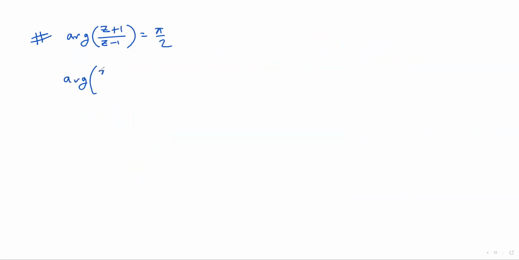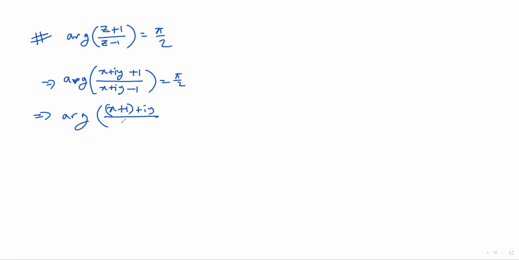So first of all, let's just replace z by x plus iy. Now, the argument of, let's partition the real and imaginary part, (x plus 1 plus iy) over (x minus 1 plus iy).